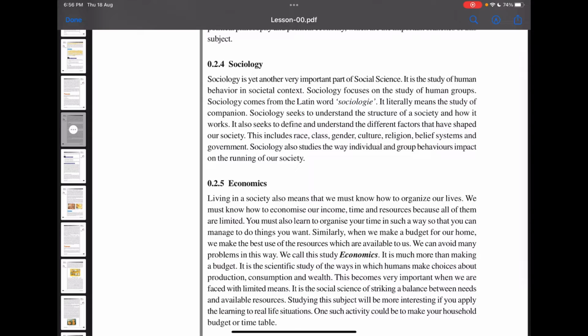It also seeks to define and understand the different factors that have shaped our societies. This includes race, class, gender, culture, religion, belief system, and government. Sociology also studies the way individual and group behavior impact on the running of our society.